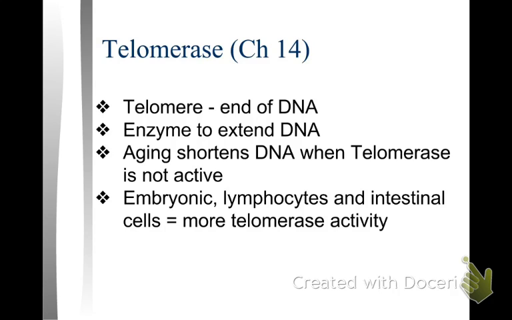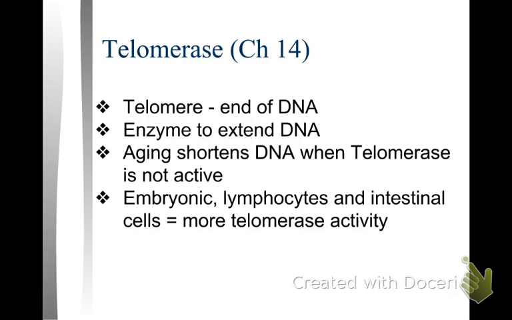And remember, during embryonic development and in places like lymphocytes, you need to have the full set of DNA. Lymphocytes are those things that affect infection, as well as places that are being used frequently, like the inside of your stomach and the inside of your intestines. Those places need to live and replicate very frequently.